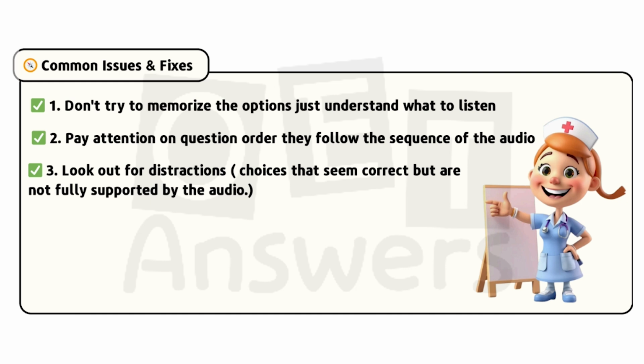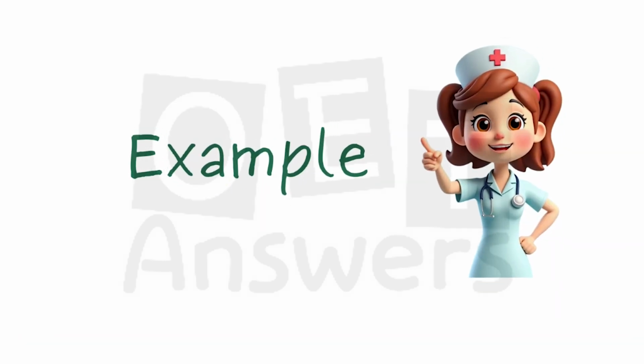You need to determine: the audio is the proof, the question is the guide. So use both to get the right answer. If you want to take the right path, you have to follow these steps. Clear?